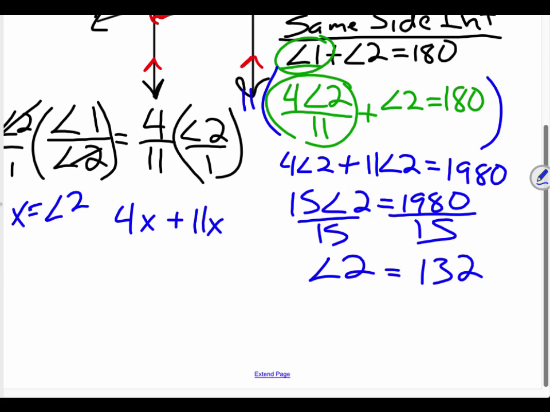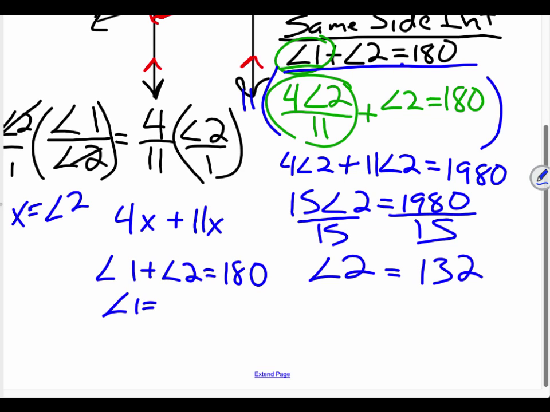What's angle 1? Well, I just have to plug it back into this equation. Angle 1 plus angle 2, because they're same side interiors, should add up to 180. So angle 1 is equal to 180 minus angle 2, which means angle 1 is equal to 180 minus 132.